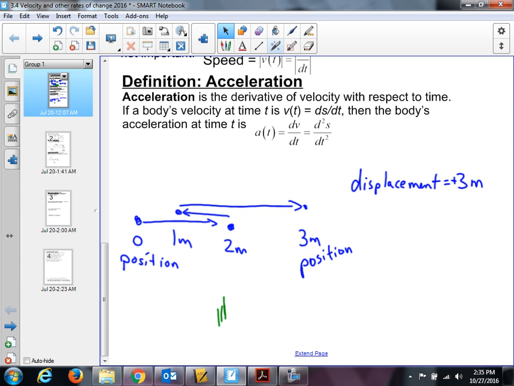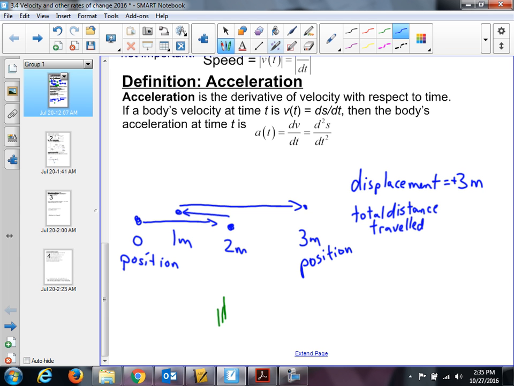So then the last thing is, what is the total distance traveled without regard to direction? Because distance is a loosey-goosey word, right? But I'm trying to say, well, it would be the 2 meters plus the other meter, so 3 meters plus these 2 meters, so 5 meters.